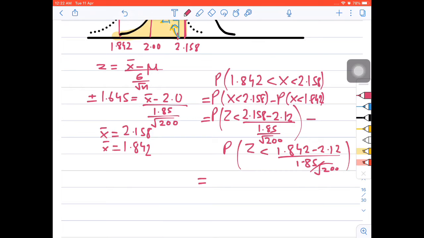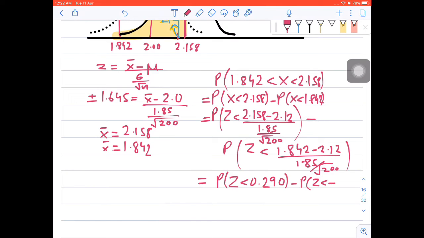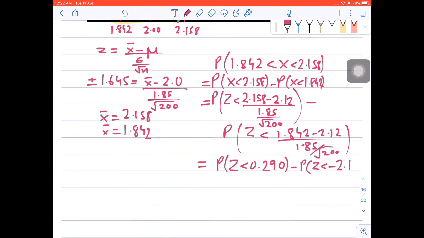So this is probability of z less than 0.290 minus probability of z less than minus 2.125.